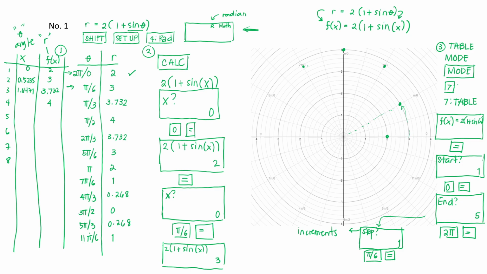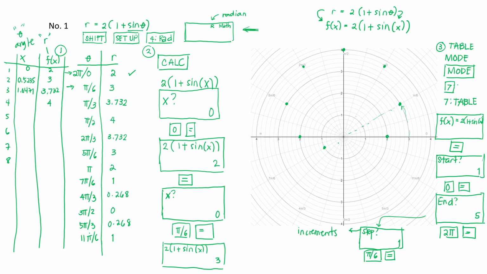3.732. And then next is 3 for 5 pi over 6. The next is 2 for pi. The next, 7 pi over 6, is 1. Then 0.268.